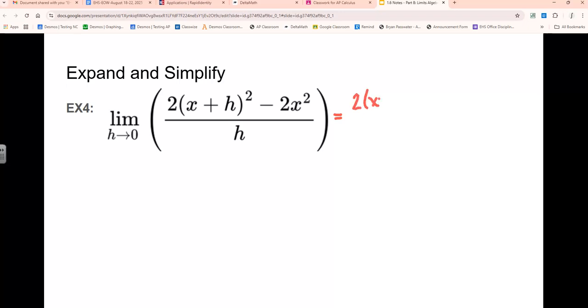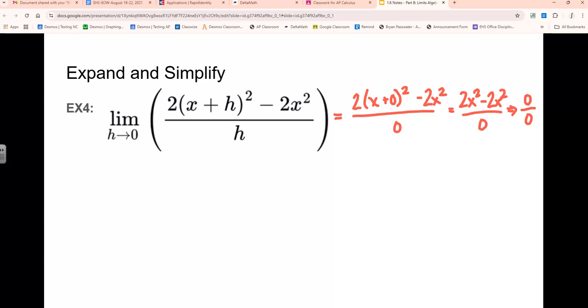We got 2x plus 0 squared minus 2x squared over 0. Well, that is going to be 2x squared minus 2x squared over 0. And something minus itself is going to give us 0 over 0. So we are getting indeterminate form on this.